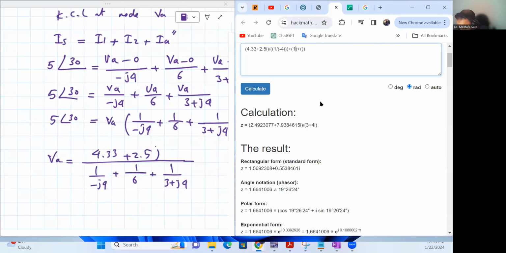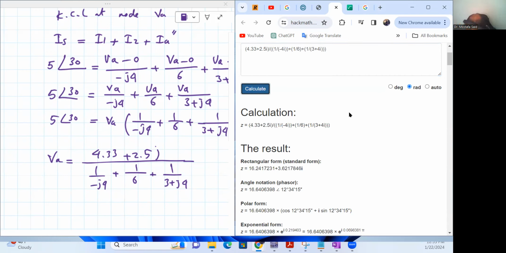Okay, then 1 over 6, 1 over a parenthesis 3 plus 4i. Let's review. Review is very important when you do complex numbers. 5j for i, 1 over, that's good. 1 over 6, that's good. Okay, let's calculate this.